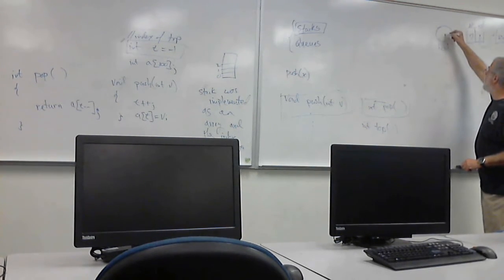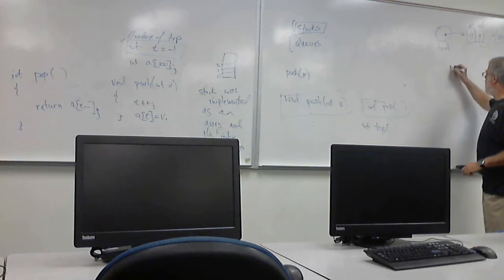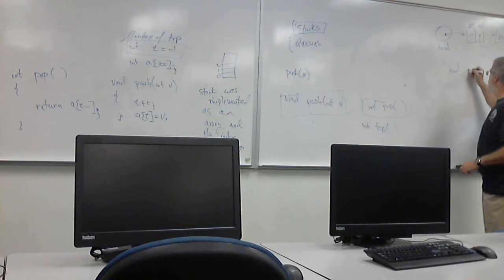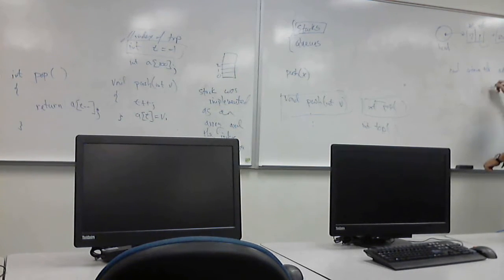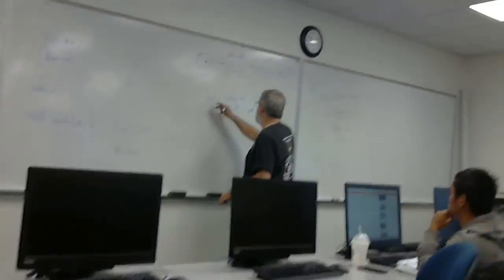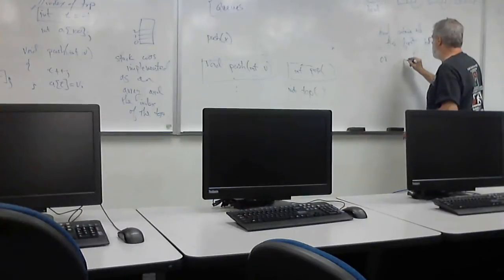Head keeps track of the first item. So head contains the address of the first box, or if there aren't any boxes, a 0.